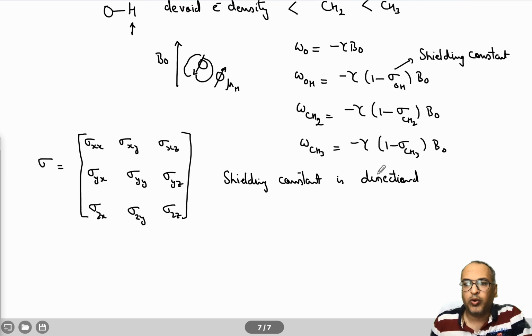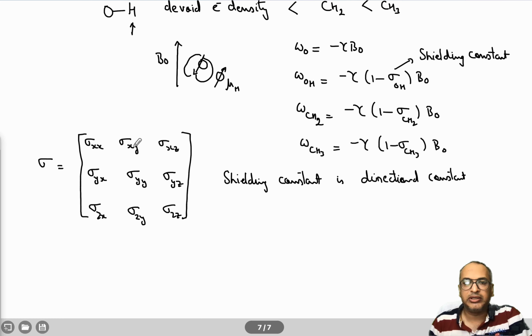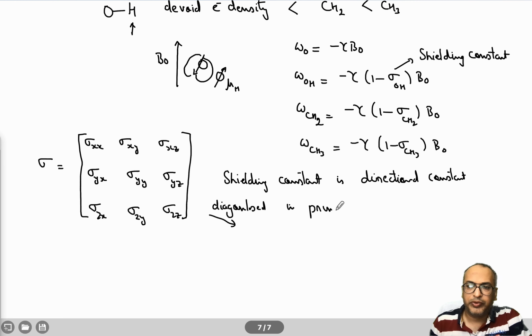How the molecule is oriented with respect to the magnetic field would change these different parameters. Sigma xx is the one measured along the x direction, then this is measured along xy and xz. It is very difficult to measure these different shielding constants, so to simplify the measurements, what is done is that this tensor is diagonalized in a principal component coordinate system.